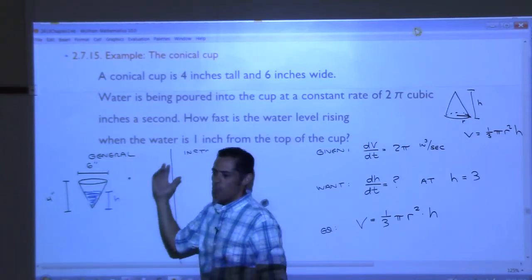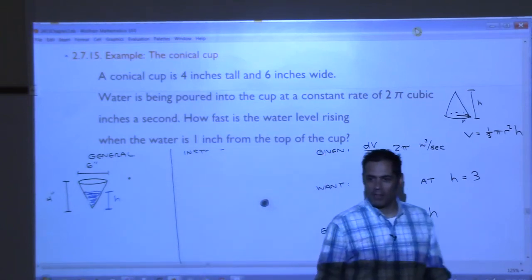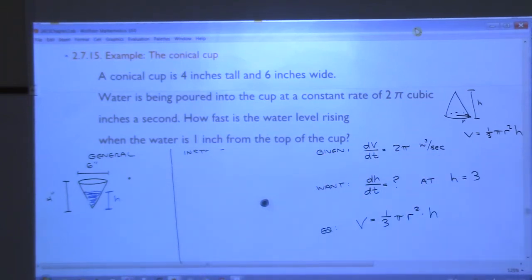So I'd slice it and open it up and look at it. What do I see? Tara, what would you see? What geometrically would you see if you sliced that cone down the middle and opened it up?